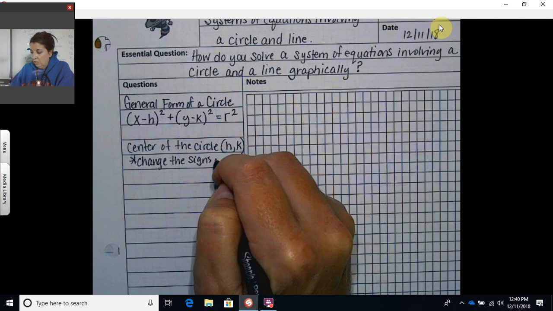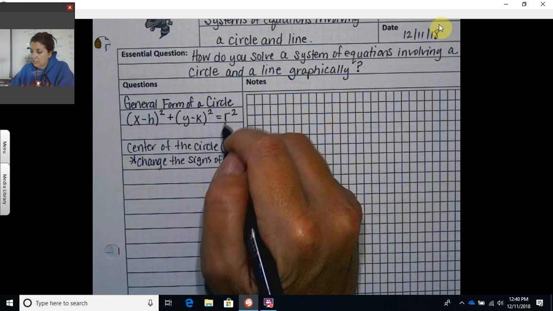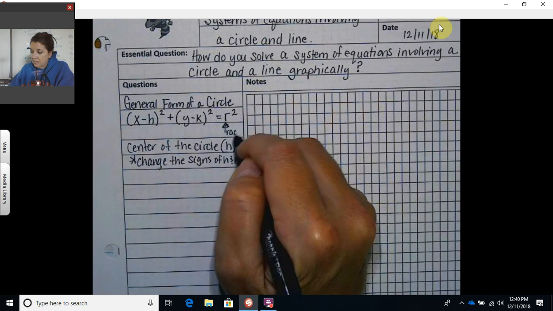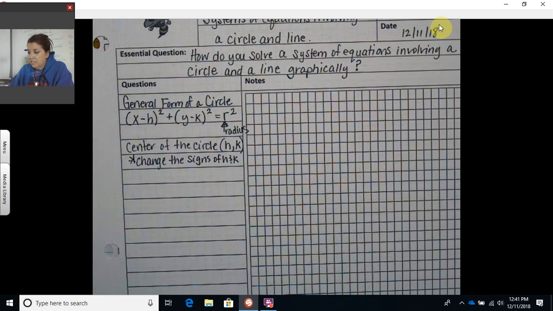And you'll also know the radius. Whatever this constant is, that is your radius squared. So say that number was 16, then your radius would be 4, because this is the radius squared, so the square root would be the radius. This will all make more sense when we actually do it, okay?